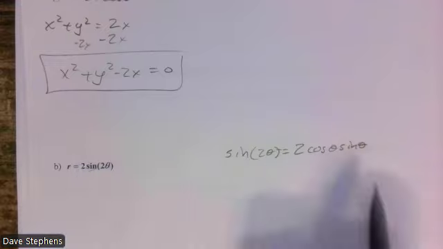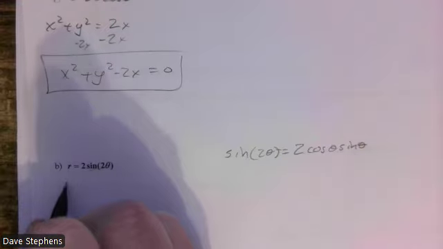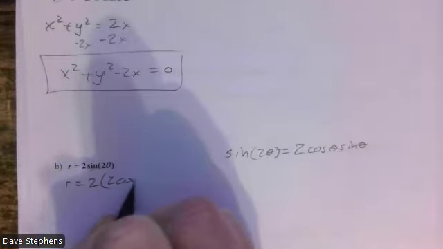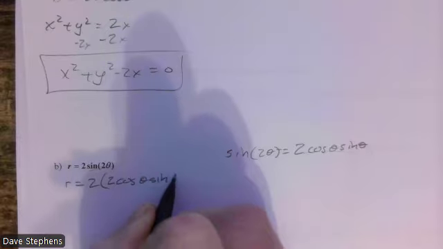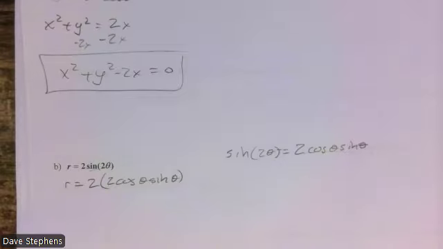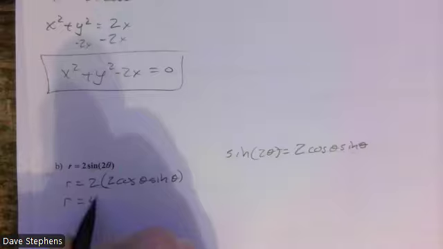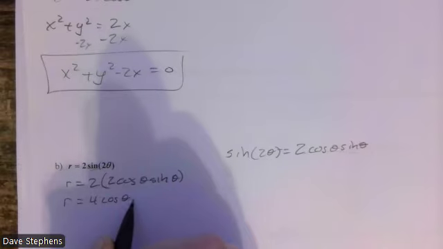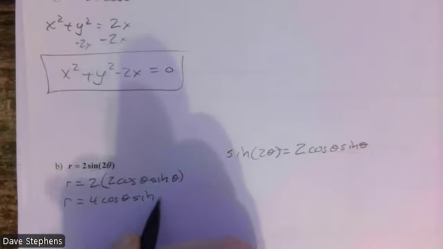So I'm going to replace it with this here. So I get r equals 2 times 2 cosine theta sine theta. And now I can multiply those out. So r equals 4 cosine theta times sine theta.